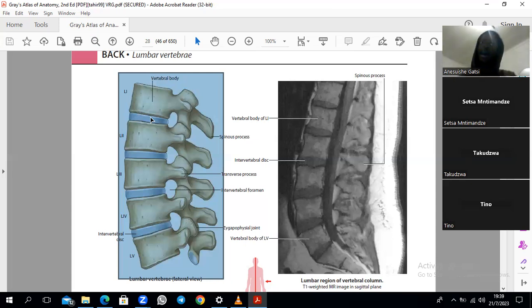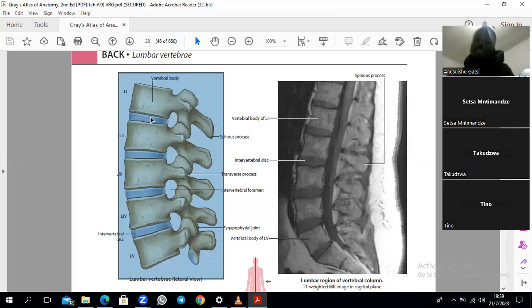I remember the other time I told you that we have identifying or distinguishing features for different parts of the vertebra. For example, I told you that the hallmark feature for a thoracic vertebra that distinguishes it from all the other vertebra was the presence of demifacets on the body, for articulation with your ribs.